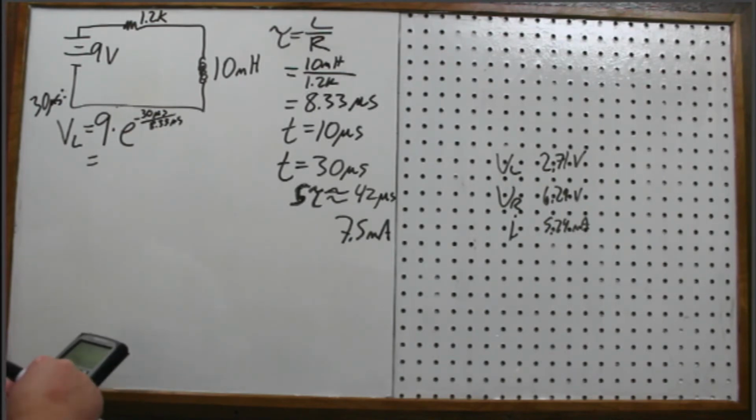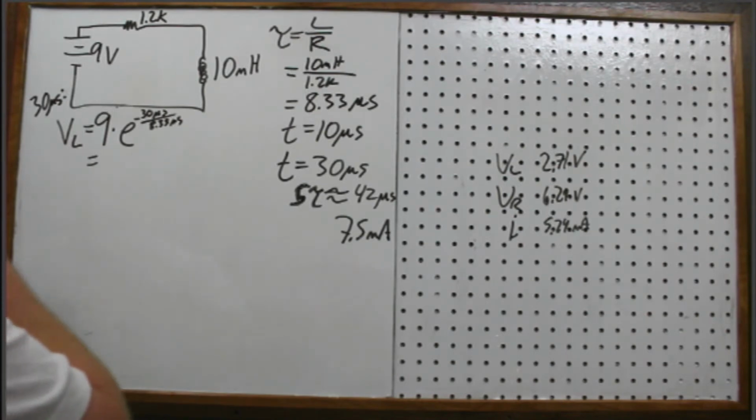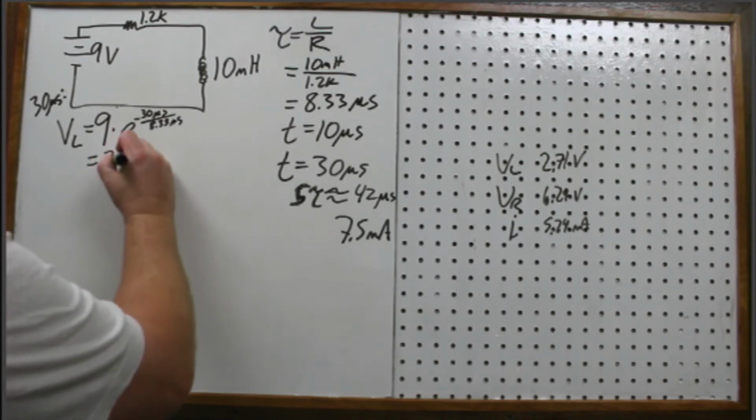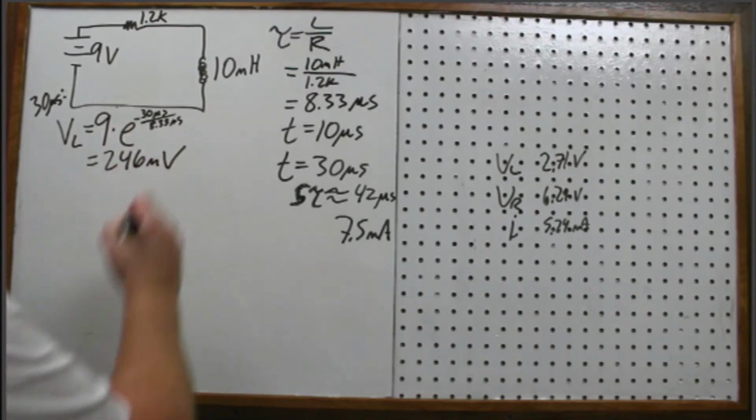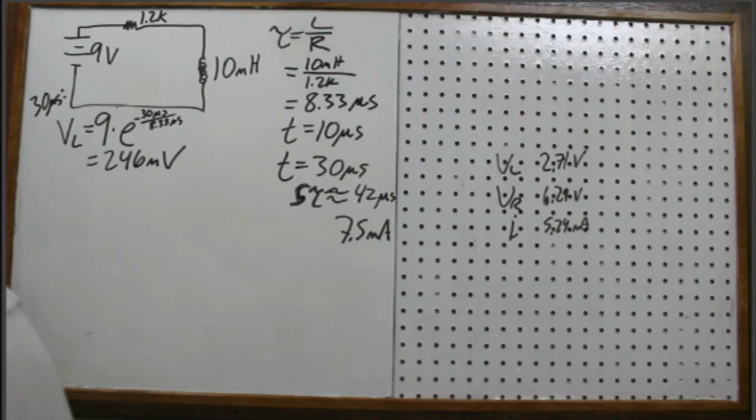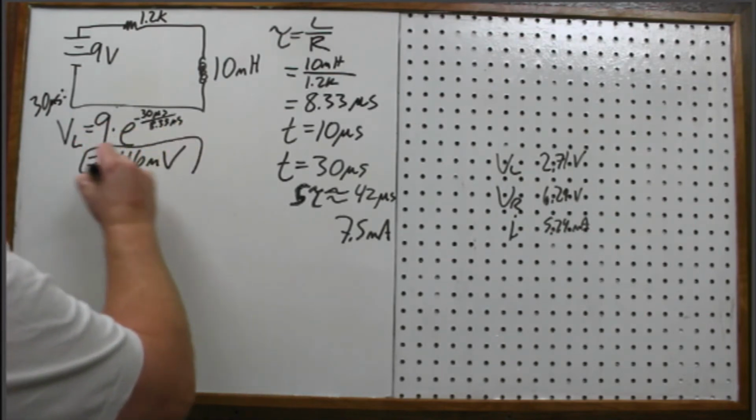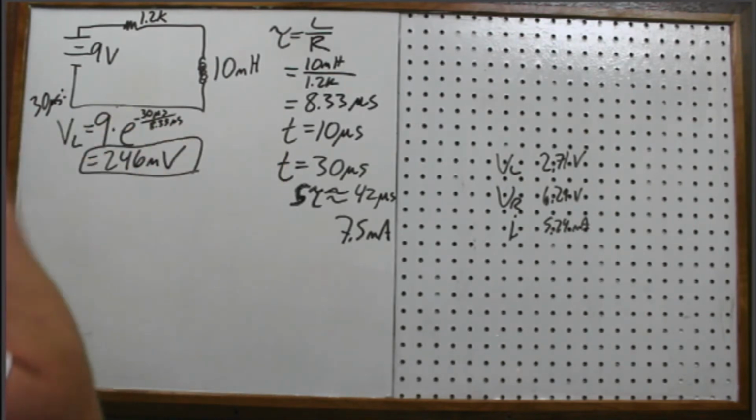And I come up with 246 millivolts. Okay, so again, it's not going to have very much because we're almost to 5 tau here.